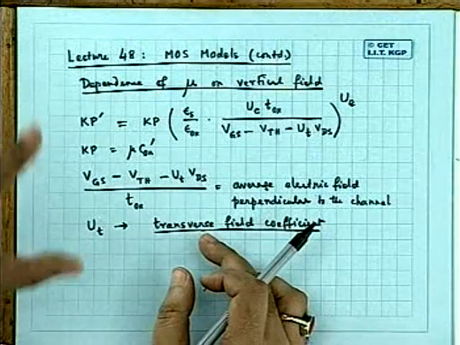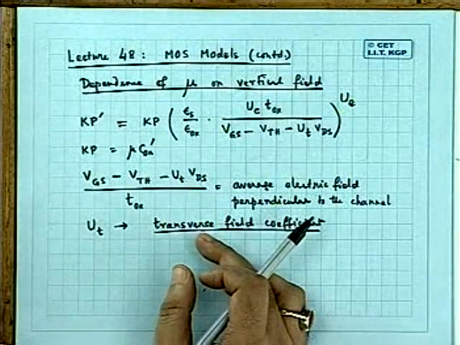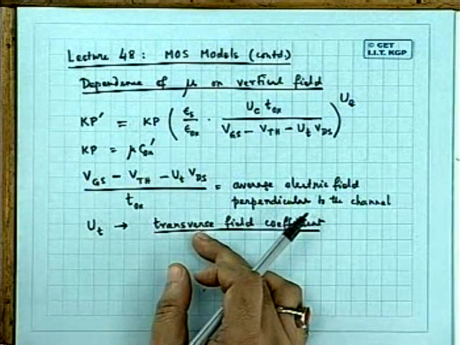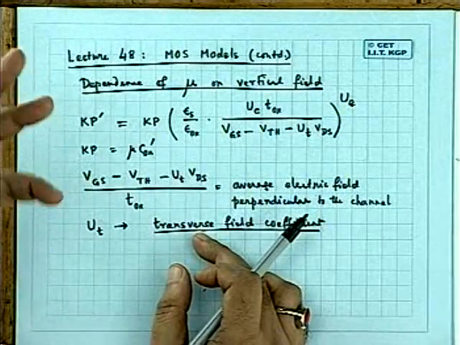Please remember, these models are semi-empirical in nature. They are not very exact. To some extent, they are derived analytically; to some extent, they are modified intuitively. We make many approximations and introduce a lot of empirical relations. But behind them, there should always be some physical thinking. You cannot suddenly write something.